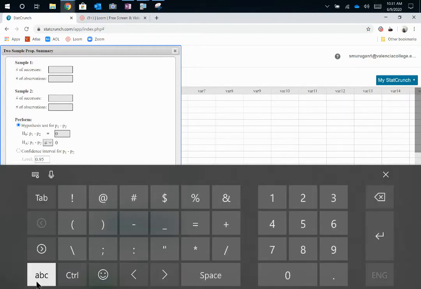So I have numbers 189, 1608, 81, and 1658.